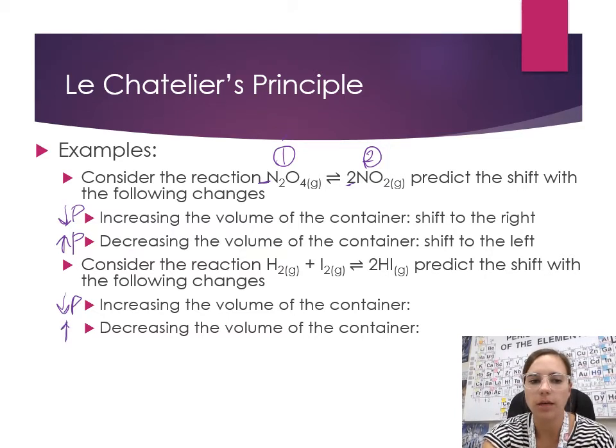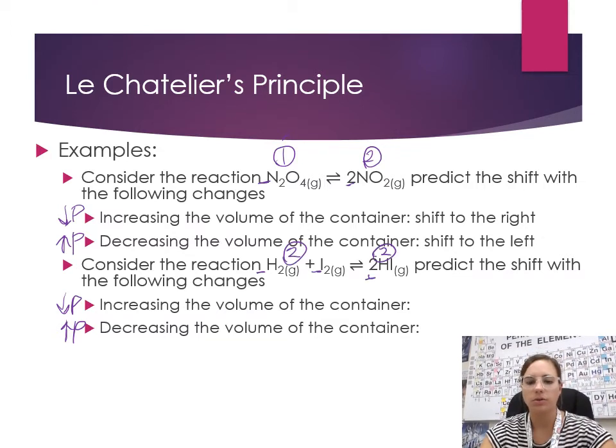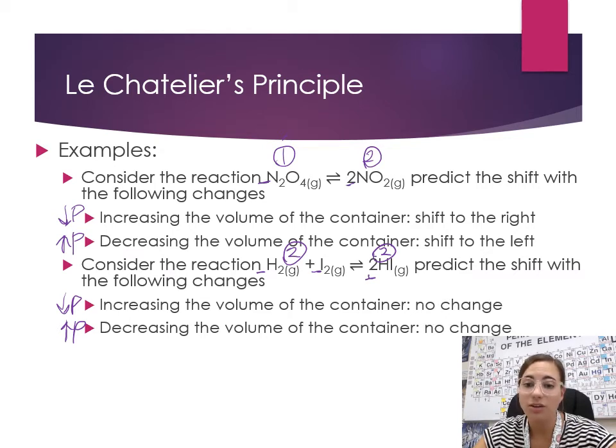Decreasing the volume increases the pressure. But if I look up here, I have 2 gas molecules in the reactants and I have 2 gas molecules in the products. So I don't have a side with less gas molecules. So these are both going to be no change.